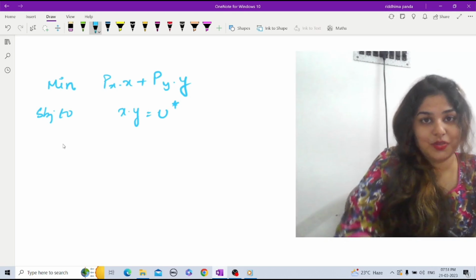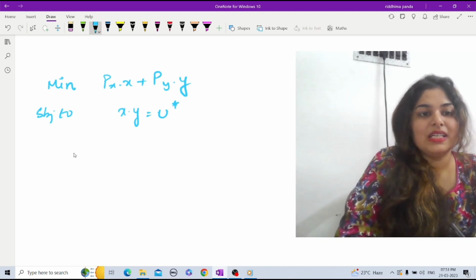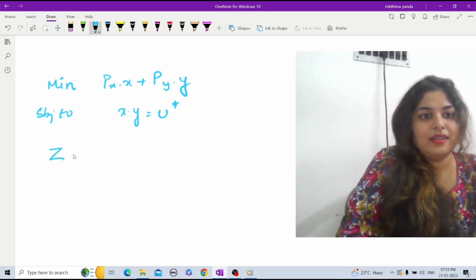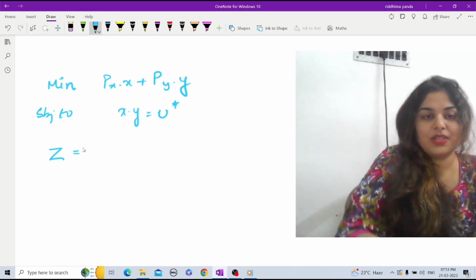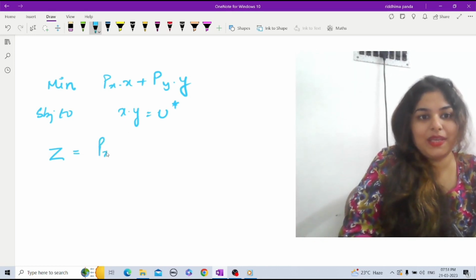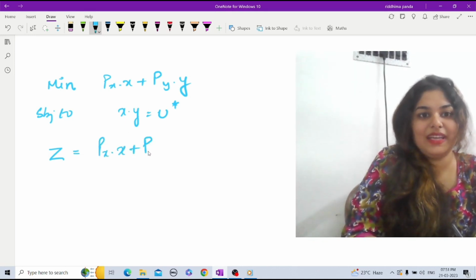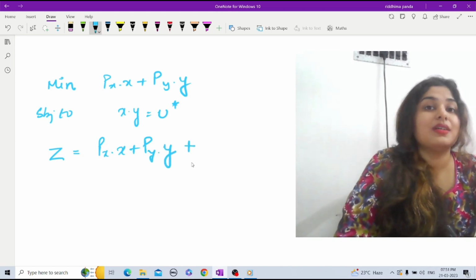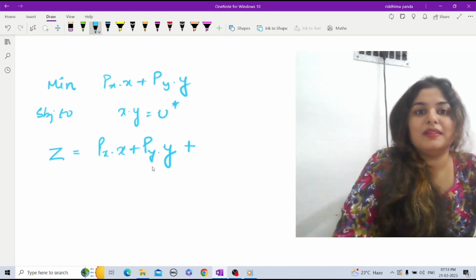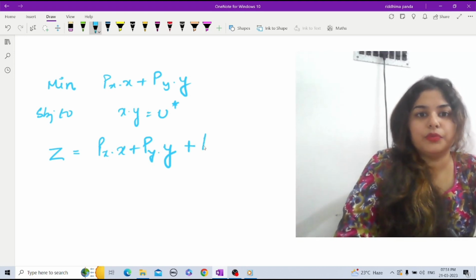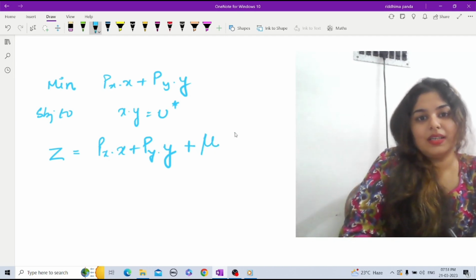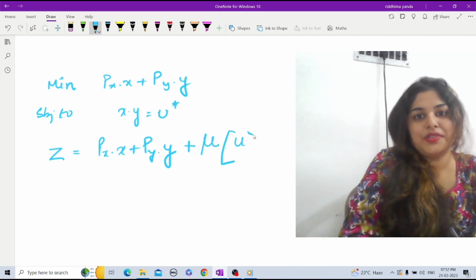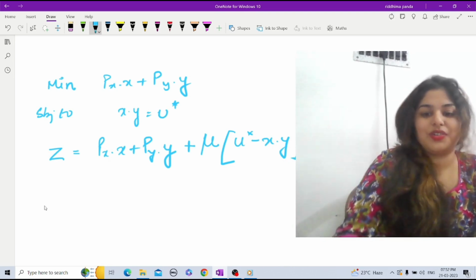To start with, let's write down the Lagrangian equation again. Let us denote z is equal to the objective function, px into x plus py into y, plus let us use some other variable for the multiplier, let's say mu, and inside we write u star minus x into y. So this is our Lagrangian equation.